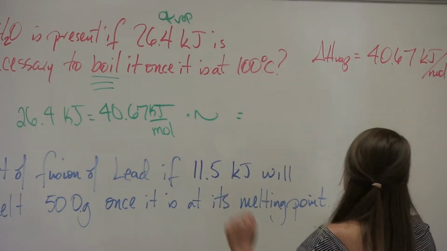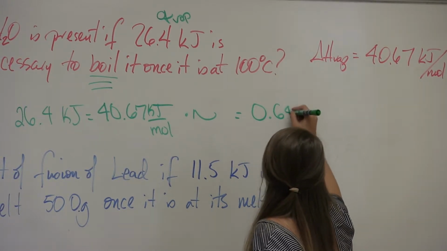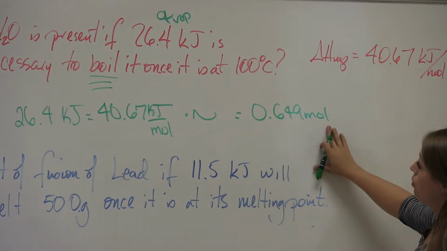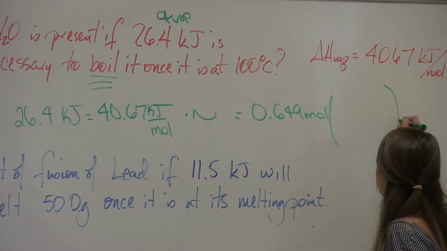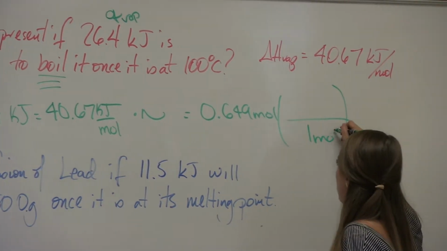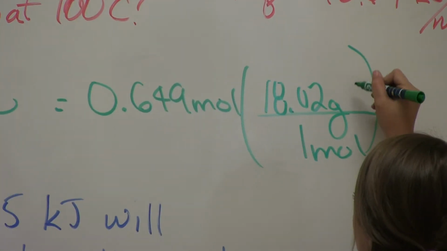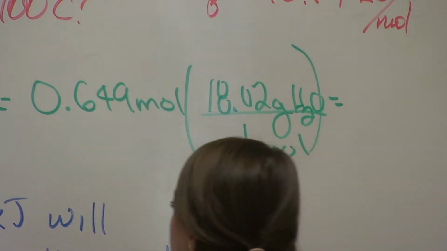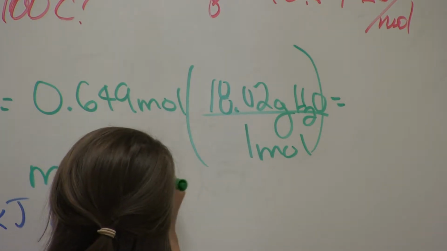If you punch all of this into your calculator, n equals 0.649 moles. Now it's an easy calculation from moles to mass. Moles goes on the bottom, 1 mole, and the mass of water is 18.02 grams. If we multiply this across, the mass equals 11.7 grams.